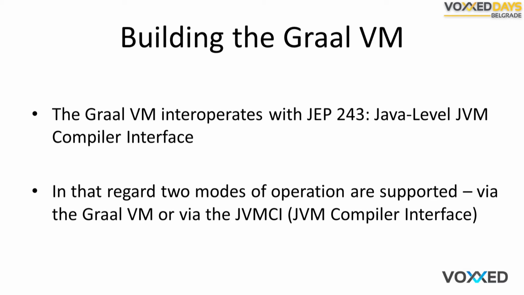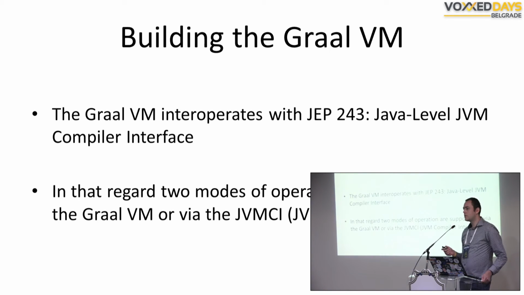Also, the Graal VM interoperates with the so-called JVM compiler interface, which is developed under Java Enhancement Proposal 243. It is basically an API that allows compilers that are written for various languages that run in the Java virtual machine to use some APIs provided by the Hotspot runtime for various optimizations.